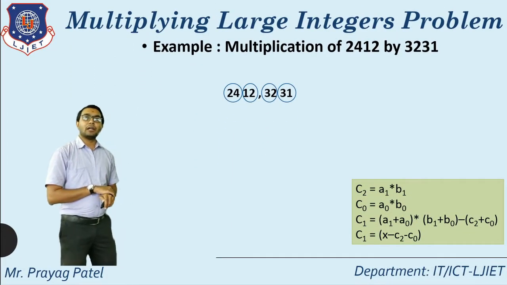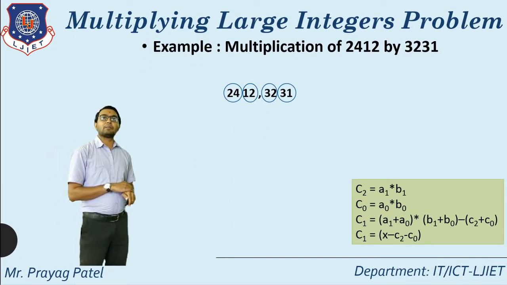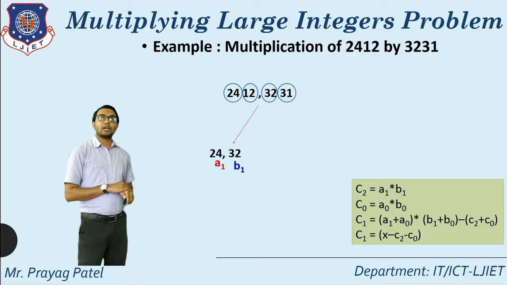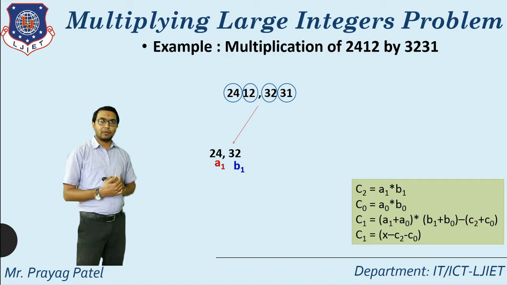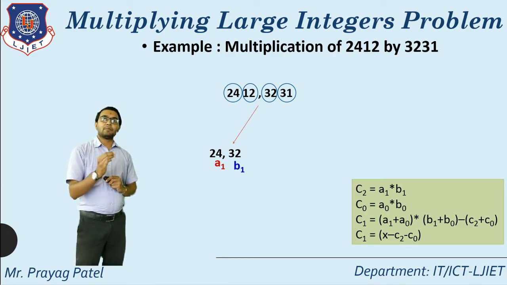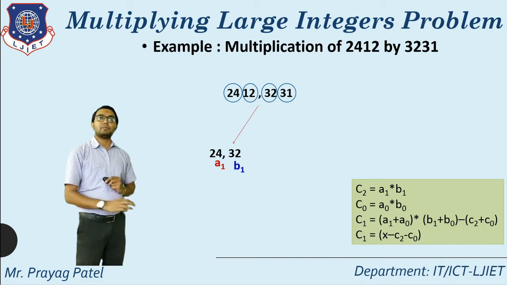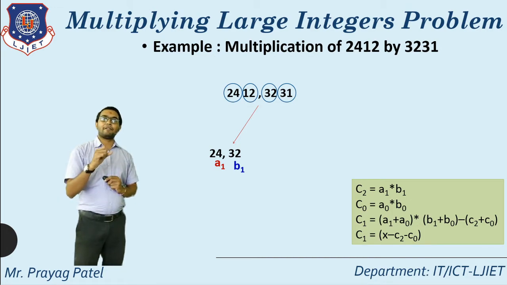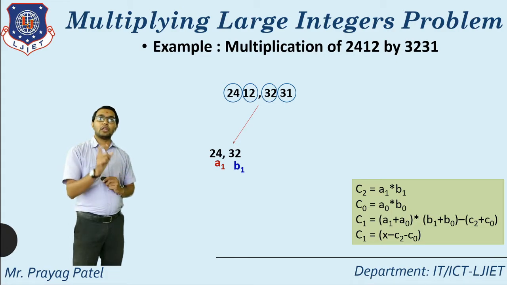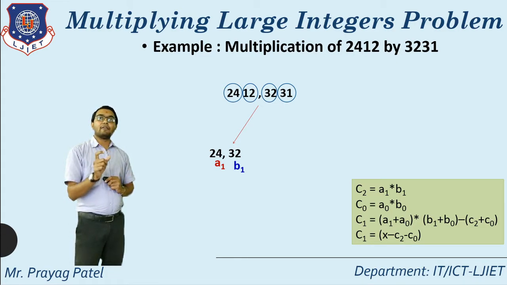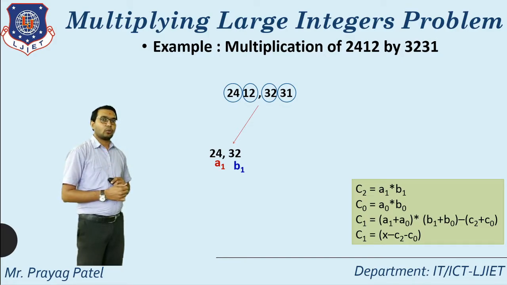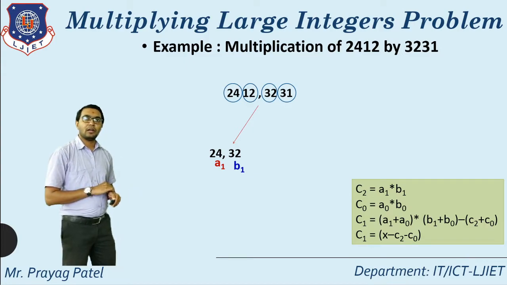Now consider the number 2412 multiplied with 3231. So here consider the 3 formulas: A1 multiply with B1, A0 multiply with B0, and the third one is A1 plus A0 multiply with B1 plus B0. Consider first part A1 B1. The given numbers are 2412 and 3231. Then A1 equals 24 and B1 equals 32.